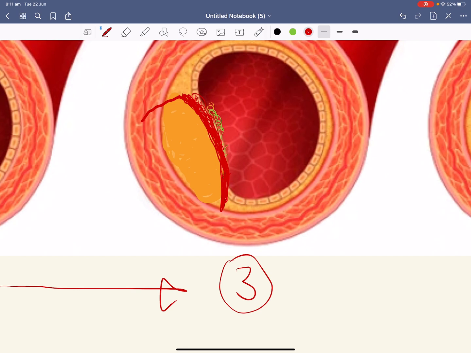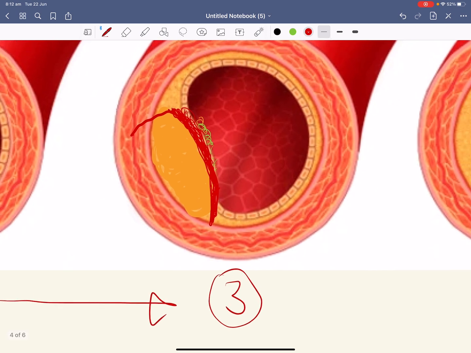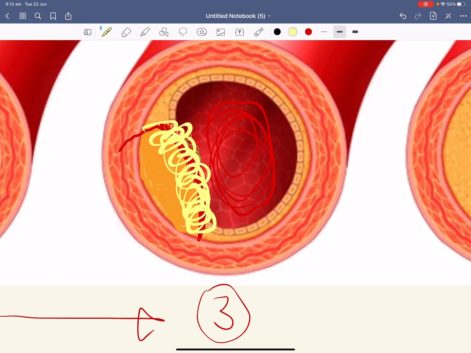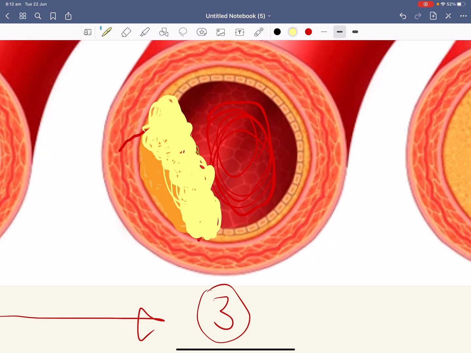So it kind of stabilizes the plaque somewhat. But depending on how severe this blockage is will determine how much blood can come through this lumen now. So if this is a really fatty filled plaque, let's say it's out here, you may start to get symptoms associated with the plaque. So you might start to get less blood going through the blood vessel, and when you get a reduction in blood going through a blood vessel, you get a condition known as ischemia.